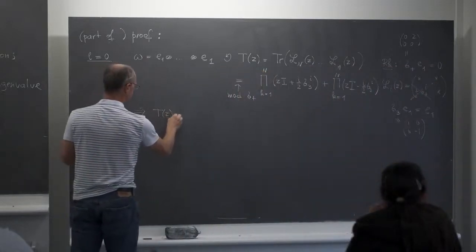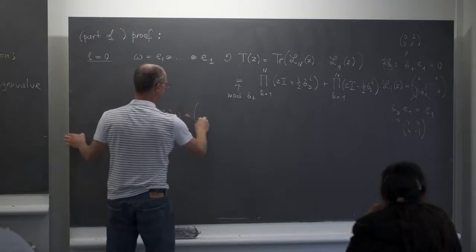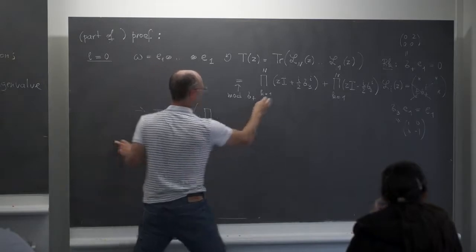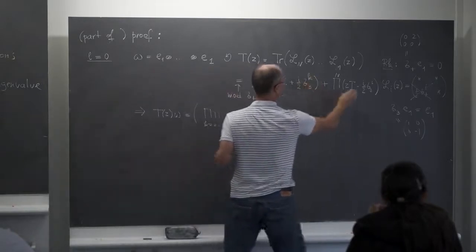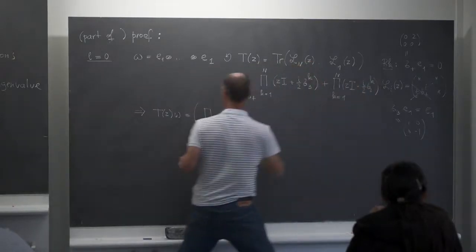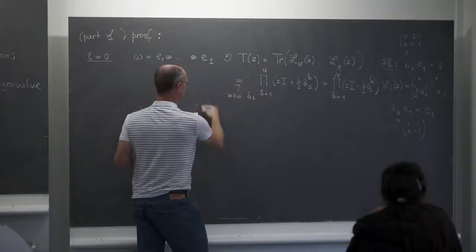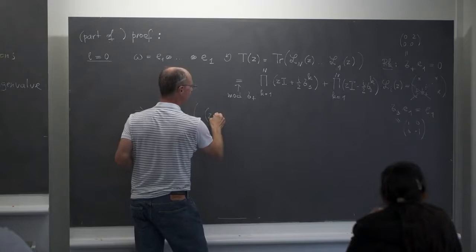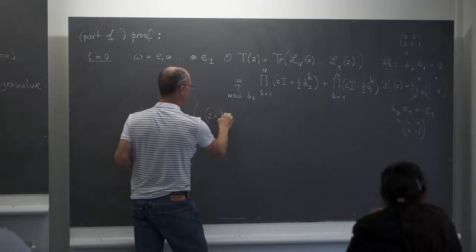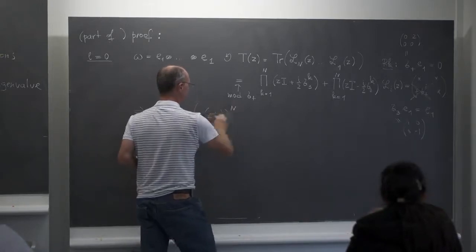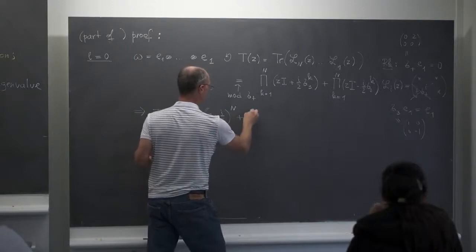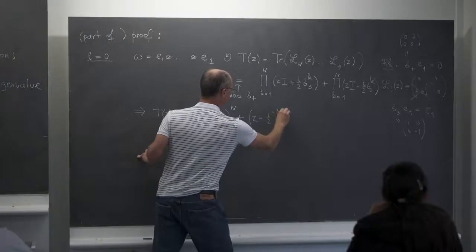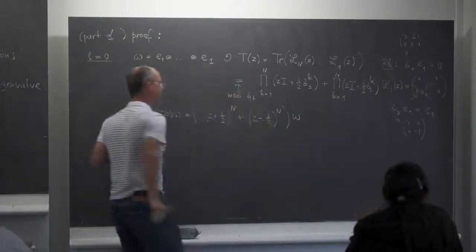So T of z acting on omega is equal to the following. It's a product, oh sorry, here would be k. So in fact it will be z plus i over 2 to the power n plus z minus i over 2 to the power n, times omega.